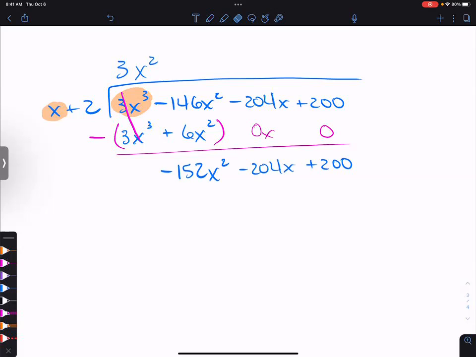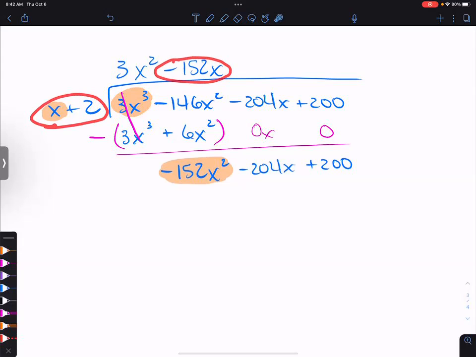And then we do it again. What's this? Negative 152x squared divided by x, negative 152x. Then again, we multiply this by all of this.